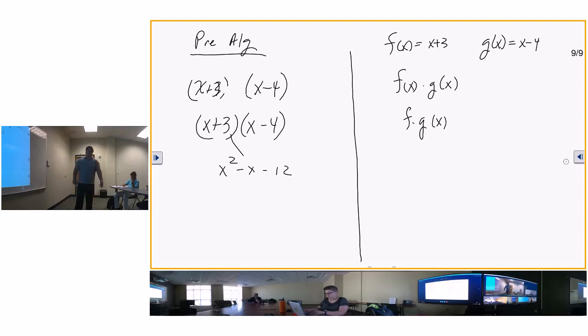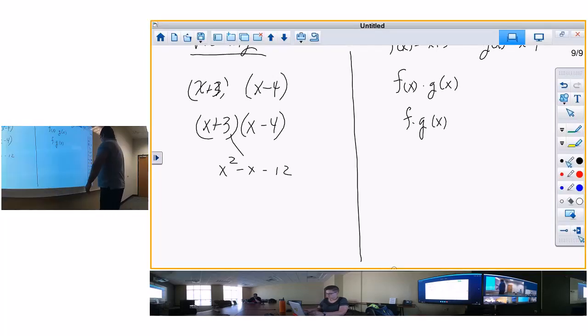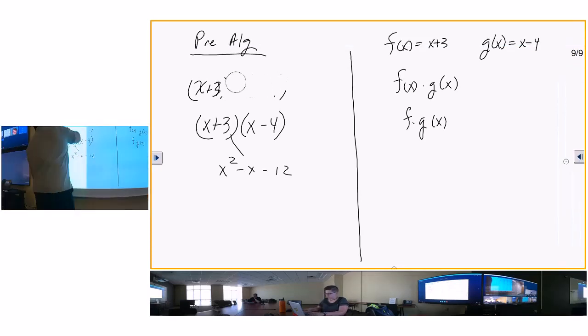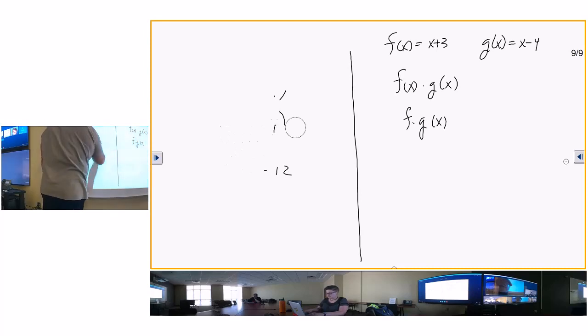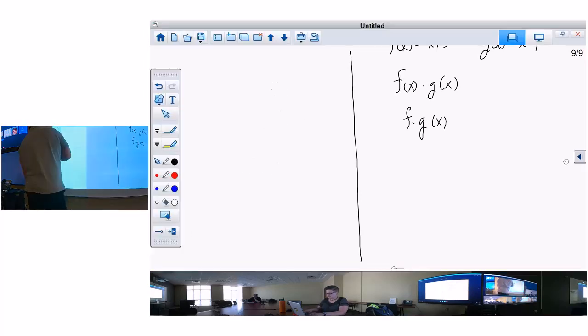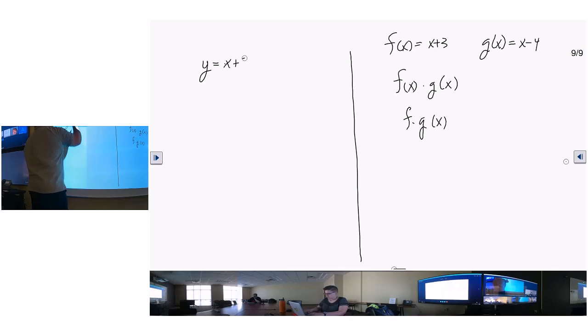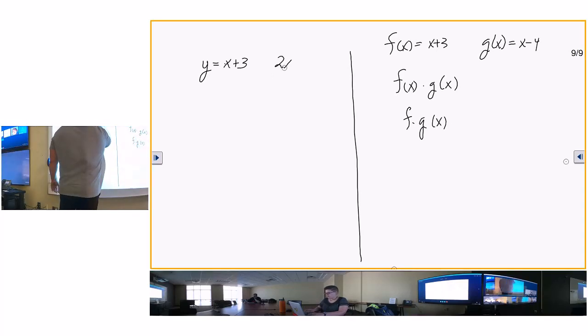That's nothing. But where do students get confused? This is where they get confused. Do you remember back when you solved systems of equations, back in algebra or college algebra? And you did y is equal to x plus 3 and 2x plus 3y is equal to 6.